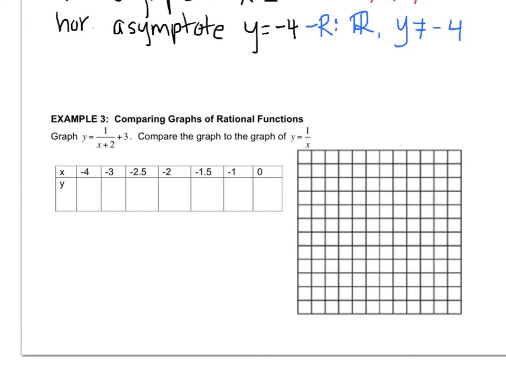All right, let's check out example 3. I've given you a table. Can you please pause the video, plug in the values, and then when you're ready, play, and I'll continue with you.